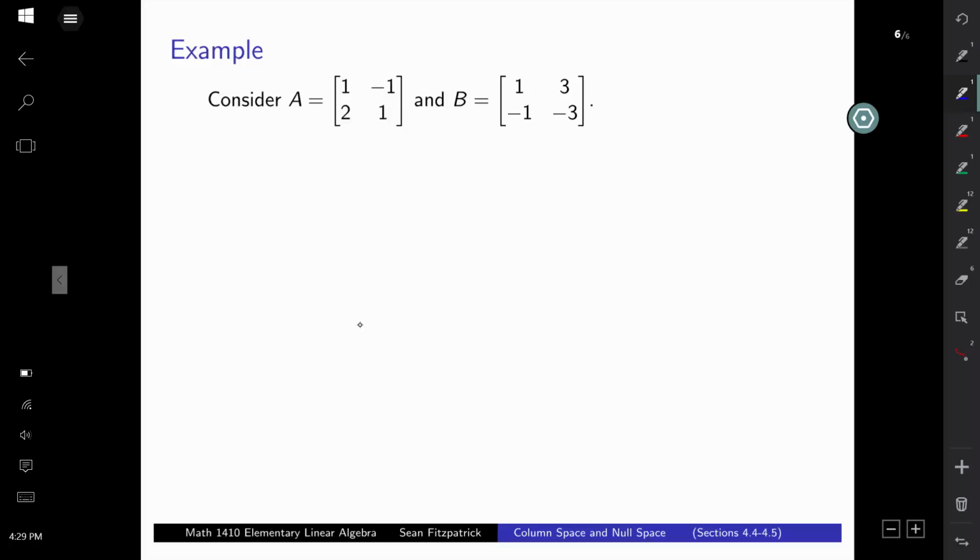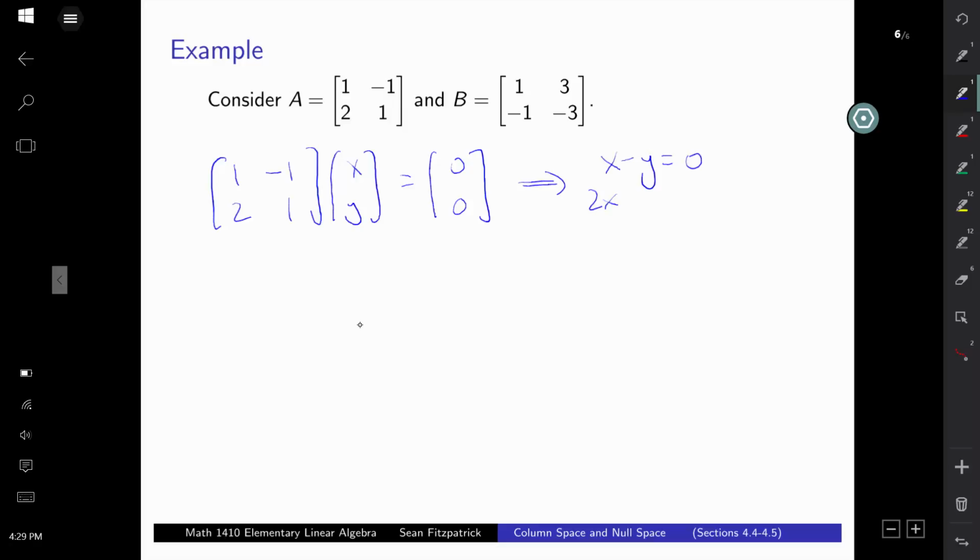If I looked at the null space for A, okay, so think about having A times any vector (x, y) equal to (0, 0). What does that tell me? Well, that tells me that x minus y equals 0 and 2x plus y equals 0.